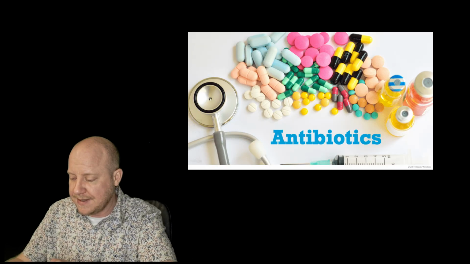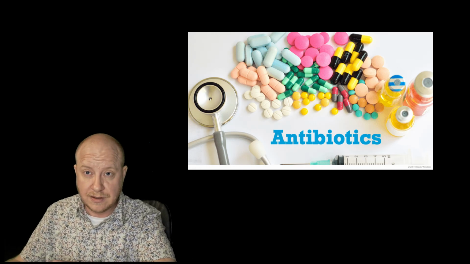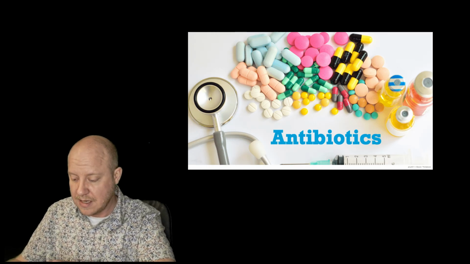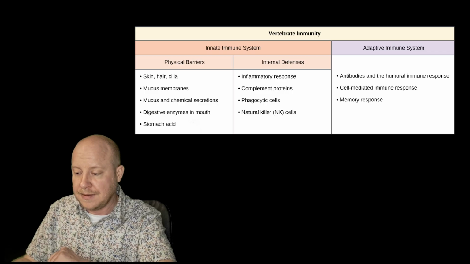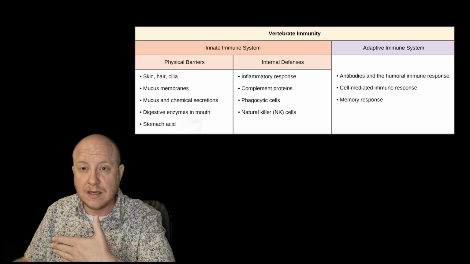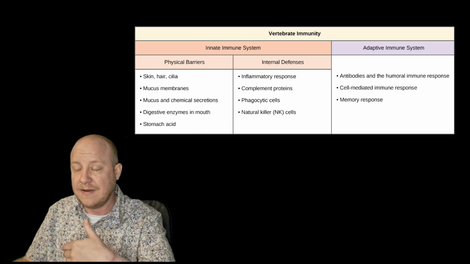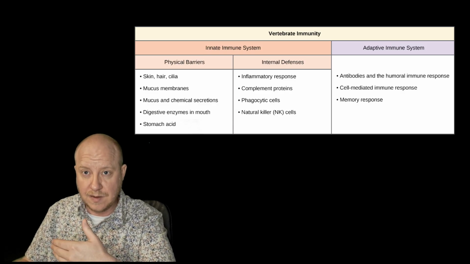Bacterial diseases have been successfully treated by antibiotics, but their overuse, that means the overuse of antibiotics, is leading to the emergence of antibiotic-resistant strains of bacteria. Okay, so we have a first defense against pathogens, which is our skin and mucous membranes. Then we have an innate immune system response, and then we have an adaptive immune system response.